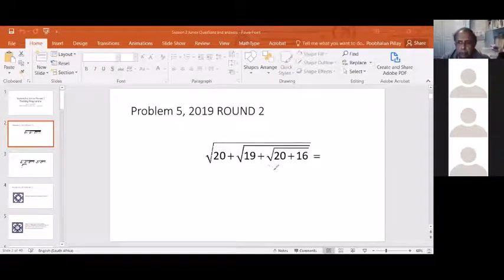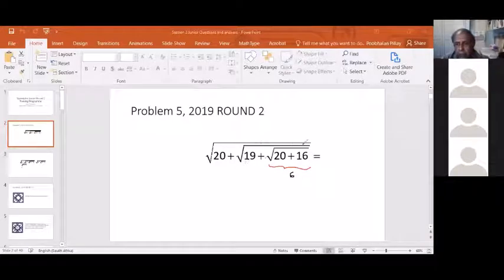Okay, the first one, you've got square root of something and a 20 plus square root and another square root. So you start with this, the one which is right inside, and this is, there is square root of 20 plus 16, which is square root of 36. So that's 6. Now you have 19 plus 6, which is 25.